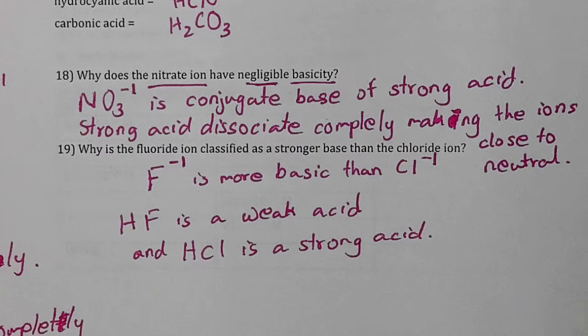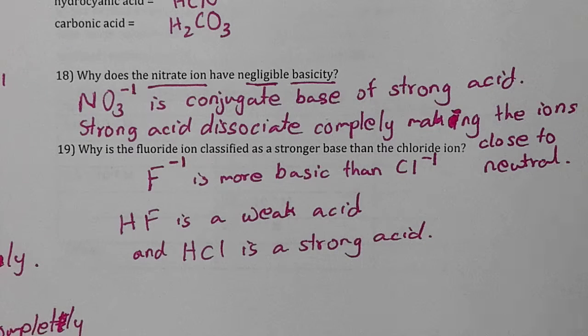And on the AP, if they keep asking, you can add a little bit about dissociation. The difference in dissociation makes it so that F- really wants that H. F- is more attracted to the H than Cl- is.